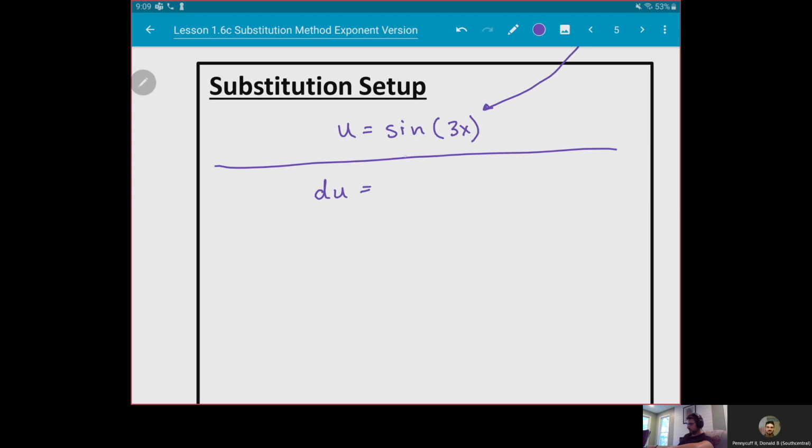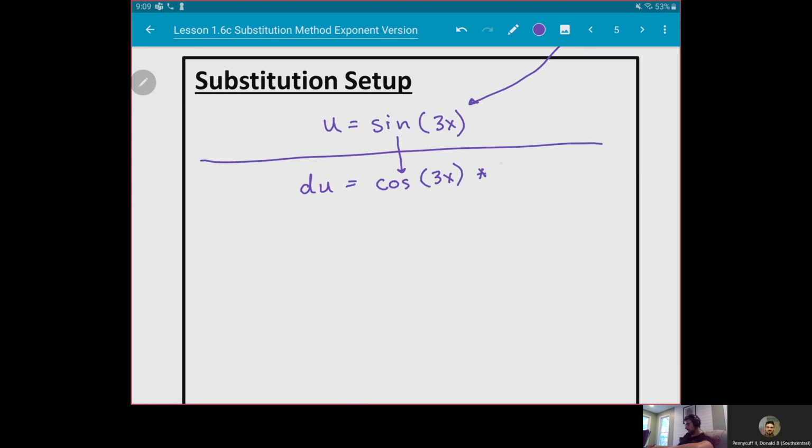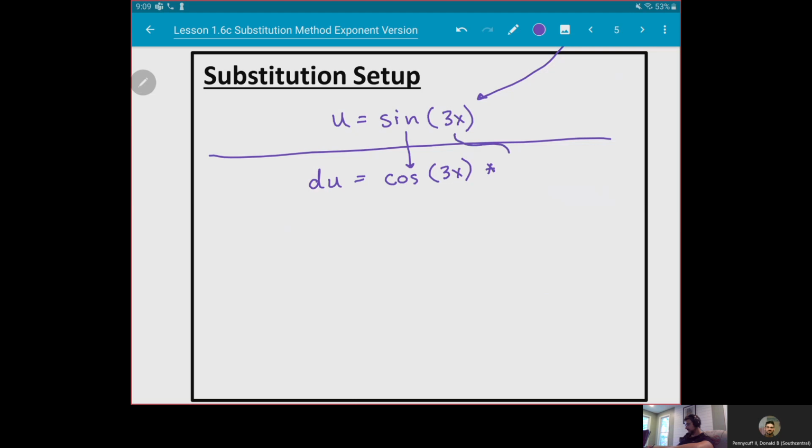So the derivative of sine is cosine. Boom, that comes straight down. And then you have to multiply by the derivative of the inside. That is chain rule, just to remind you guys of chain rule.